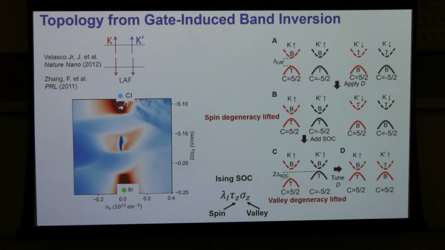And then you have all the degeneracy lifted, you fine-tune the displacement field a little bit, you can close and reopen this band and change the sign of its Chern number. Now you have exactly what Haldane gave you, that the K and the K prime valleys no longer cancel each other, they add up to give you a Chern number of 1. This is our picture now, and I think phenomenologically it agrees pretty well with the experiment. Not only the quantization part, but also how this phase transition happened.